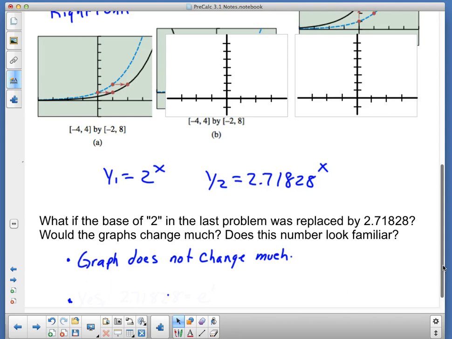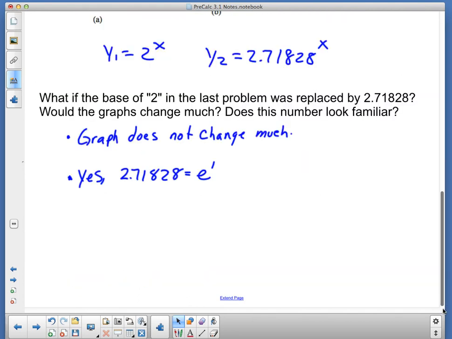But we're going to talk about that change a little bit. You've seen this number before. It's e. We're going to talk about what's happening between the two. One goes up a little steeper. Everything meets at 0, 1, but the 2.718 increases faster because the base is bigger.